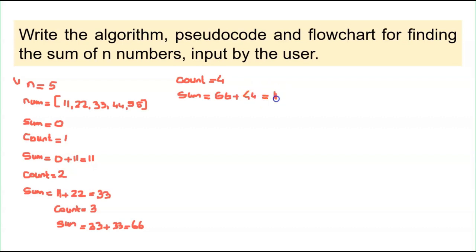So this will be 110. And then I will make count equal to 5, and sum is equal to the previous sum plus the next number, that is 55. So this is equal to 165. Then I should stop. My loop should stop when count equals 6.